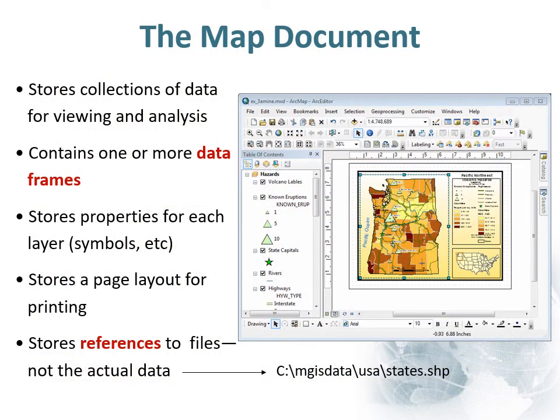Some things that are important with ArcMap. ArcMap documents are there to view data, analyze data, and map the data. They can store symbology, which are basically visual properties. They store your page layouts and other map features, but they only reference the files. The data in the map do not reside within the map document. There are only links to the files in this map document.